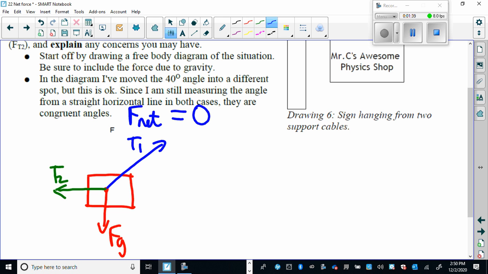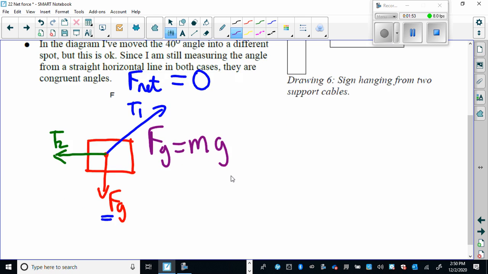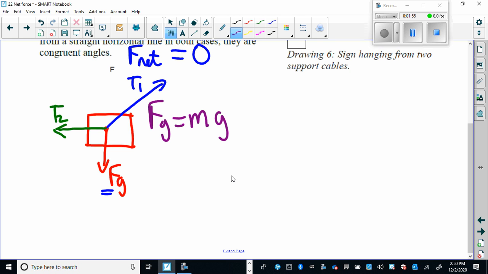Now, the next thing that's new for this problem is this down here. How do we calculate the force of gravity? The force of gravity is easy to calculate. We just use this formula here, which you're going to use a great deal in this unit and beyond. That is, the force of gravity equals mass times acceleration due to gravity.